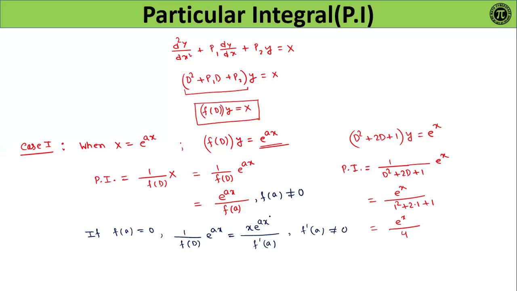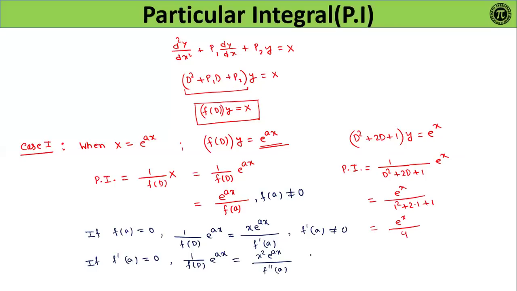Obviously in this case f dash a is not equal to 0. If f dash a equals 0, then again that will be undefined. Now again I am asking, if f of a equals 0 and f dash a equals 0, both are 0, then 1 by f of D e to the power ax equals, here you have to multiply by x again and derive again, so that will be x square e to the power ax divided by f double dash a.